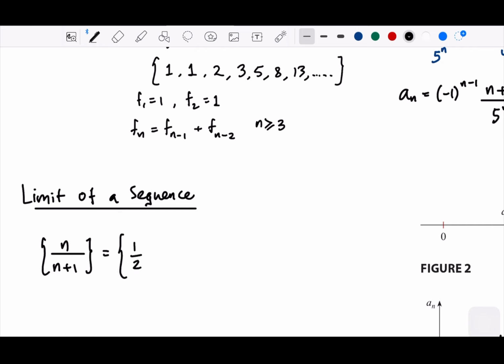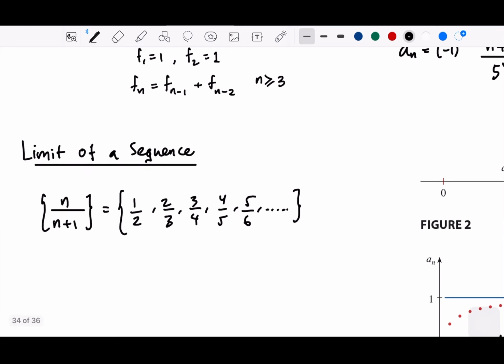This is 1 over 2, 2 over 3, 3 over 4, 4 over 5, 5 over 6, and so on. Okay, and then let this sequence, let's put it into a graph. Okay. A graph with n as the x-axis and a_n as the y-axis.